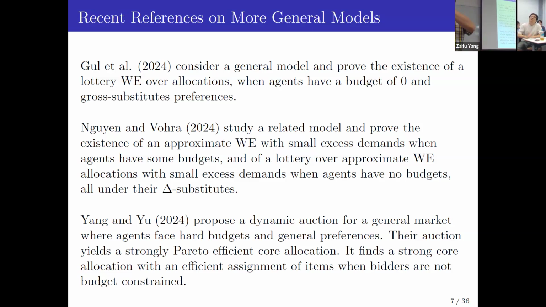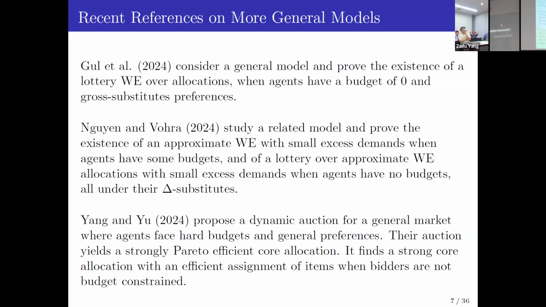So when agents have no budget at all, both results are under what they call demand substitutes. Basically, it's a generalization of gross substitutes. So when delta is equal to 1, it's precisely gross substitutes. But delta can be more than 1, 2, 3.